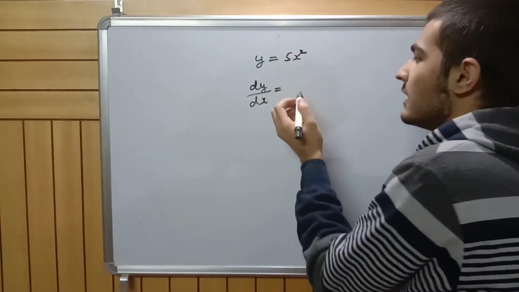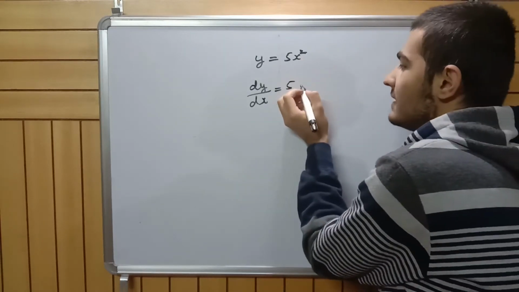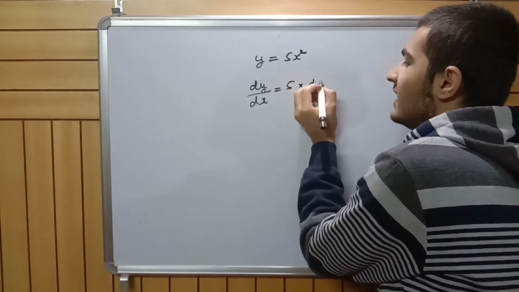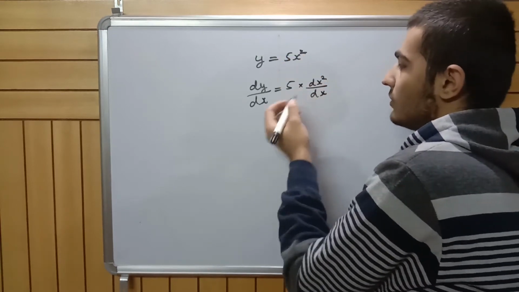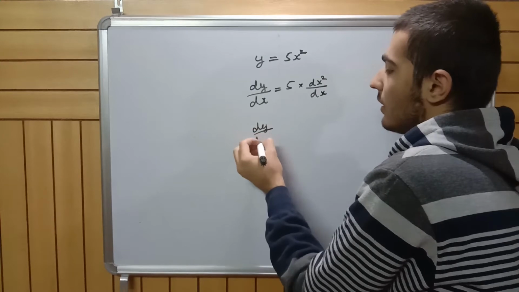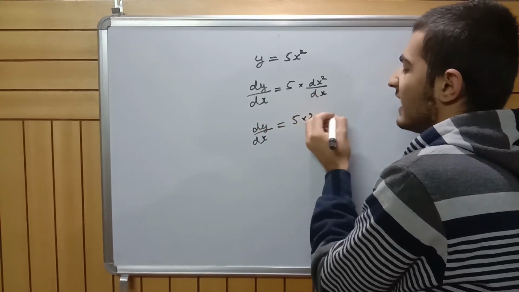You just leave it, it remains as it is, and then you find the derivative of this term. Now you simply use your power rule, equals 5 times 2x, which is 10x.